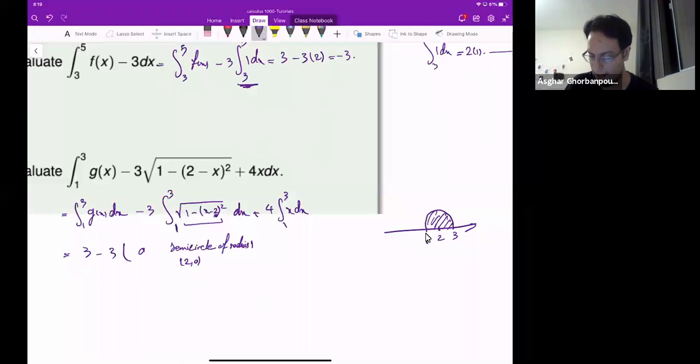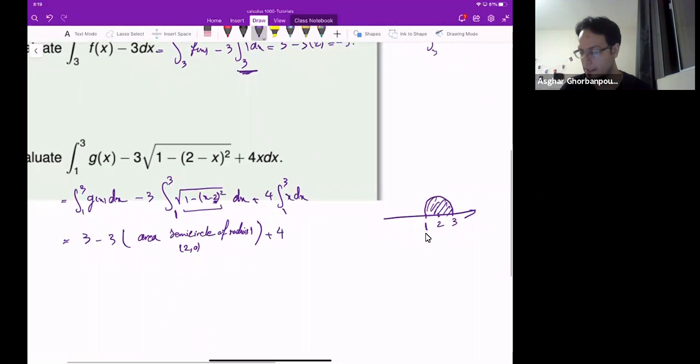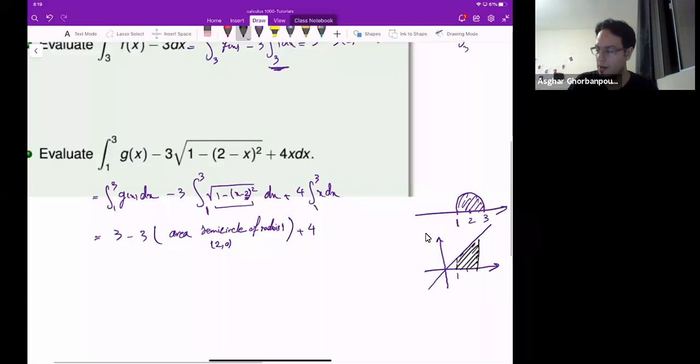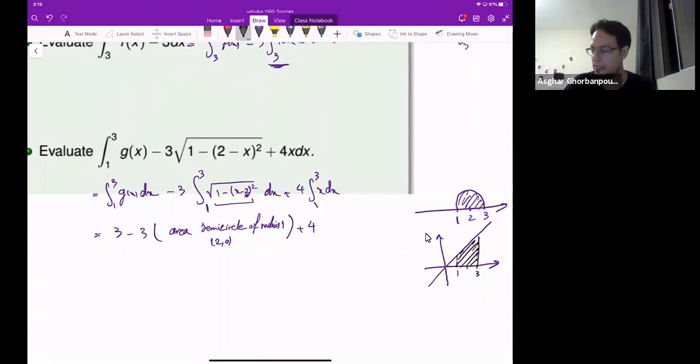So this is area of the semicircle of radius 1 centered at 2, 0, plus 4 times, well, what is integral of x from 1 to 3? Okay, x has this graph from 1 to 3. I have this trapezoid, or you can see there is a difference of two triangles there. I will be able to find all these guys.